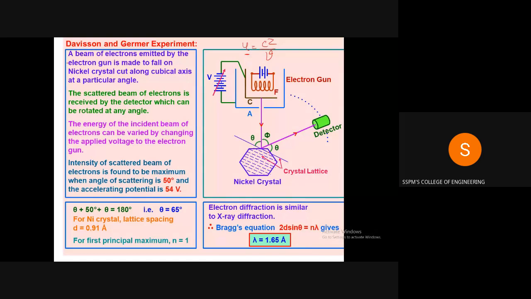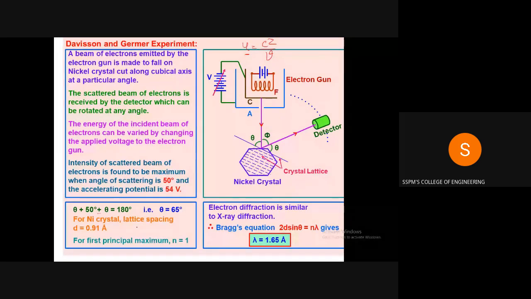Here is also theta, the glancing angle, and this is the angle of diffraction, phi. Theta plus theta, 2 theta, plus phi. If phi equals 50 degrees, then 2 theta plus 50 equals 180. That is, theta equals 65 degrees.